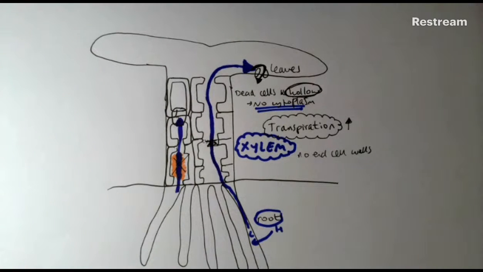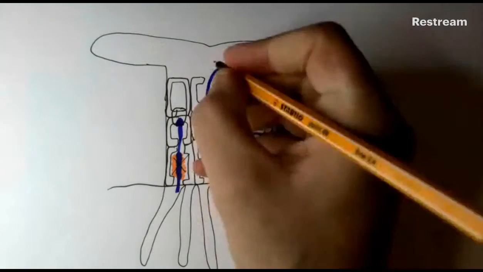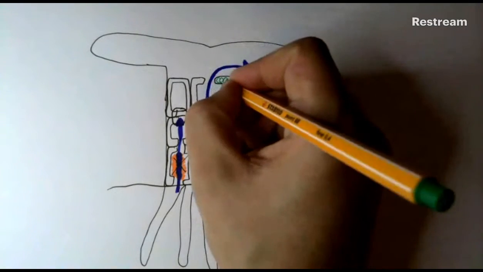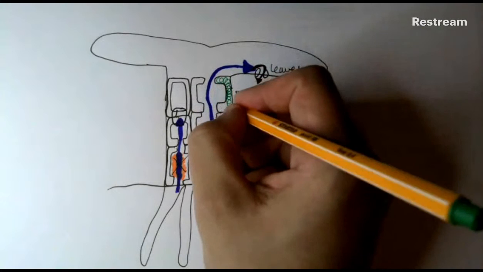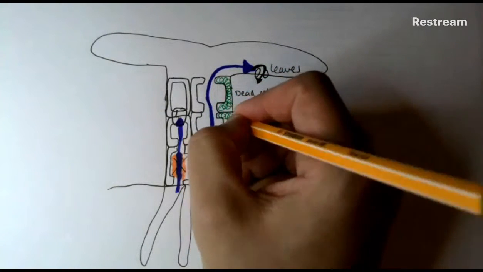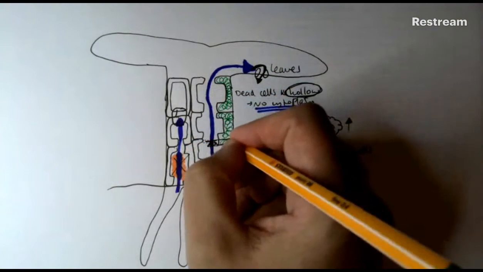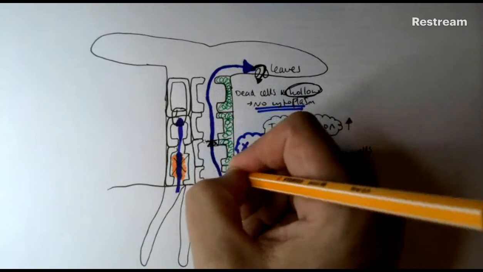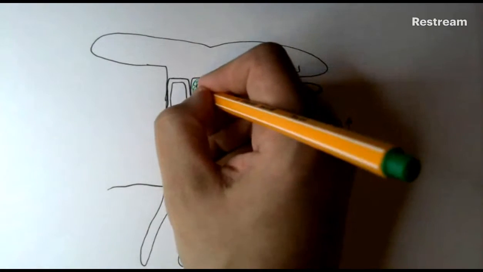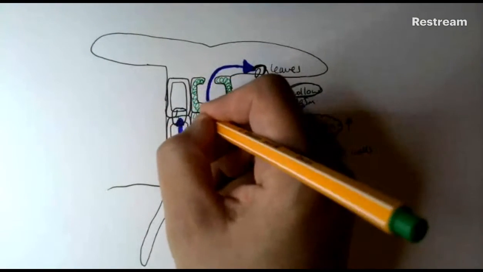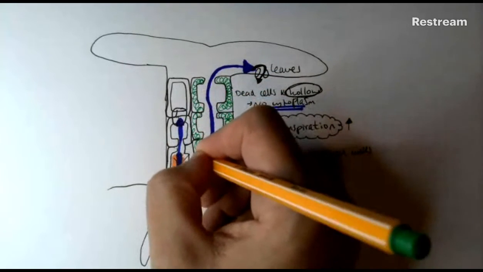And there's one more thing we need to quickly think about with transpiration, and that is lignin. Lignin strengthens the xylem. So lignin is a molecule that strengthens the xylem.